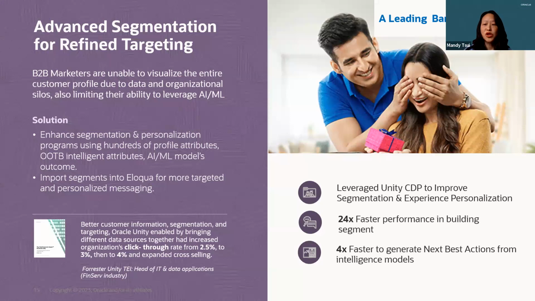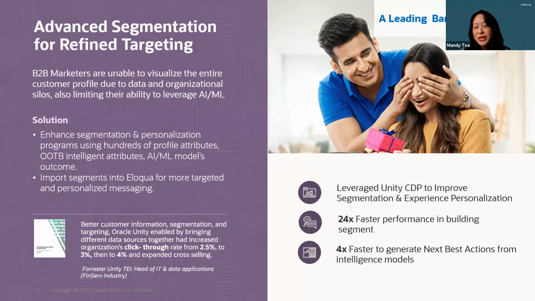They were able to leverage the next best action AI/ML model that we had in Unity and apply it to this data, so they could determine the next best action for each of these customers. They delivered these segments seamlessly over to Eloqua so that they could orchestrate a targeted and personalized marketing campaign. And the results that they saw were pretty amazing.